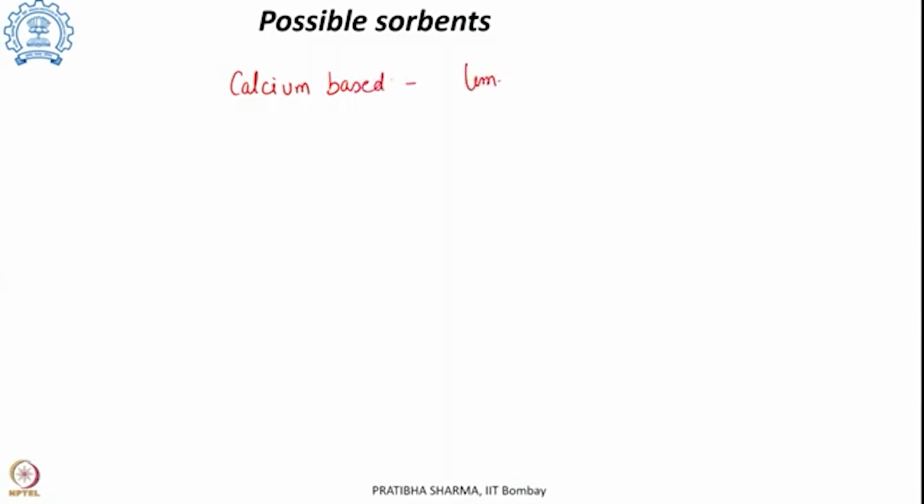Limestone can be used, or dolomite, potassium hydrotalcite. Then it could be zeolites that can be used. So, there are several possible sorbents that can be used for this particular process.